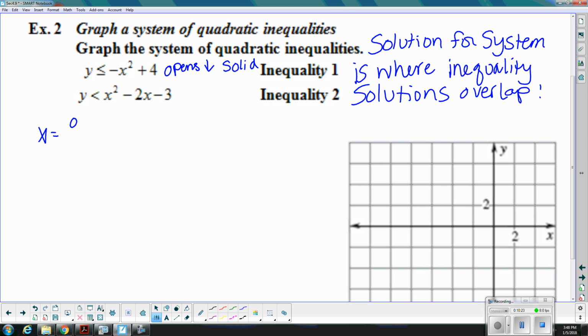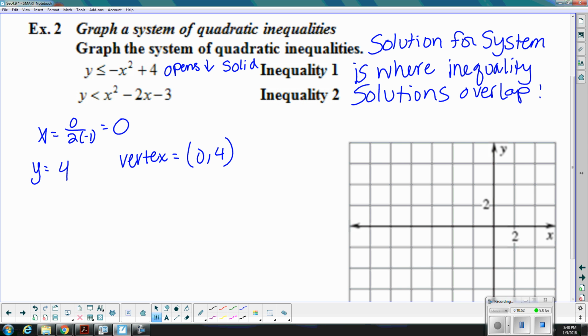In this case, b is 0. So our axis of symmetry is 0. And then to find the y-coordinate of the vertex, you substitute in 0 for your x value. So you get negative 0 squared, which is 0, plus 4. So that tells us that our vertex is 0, 4.